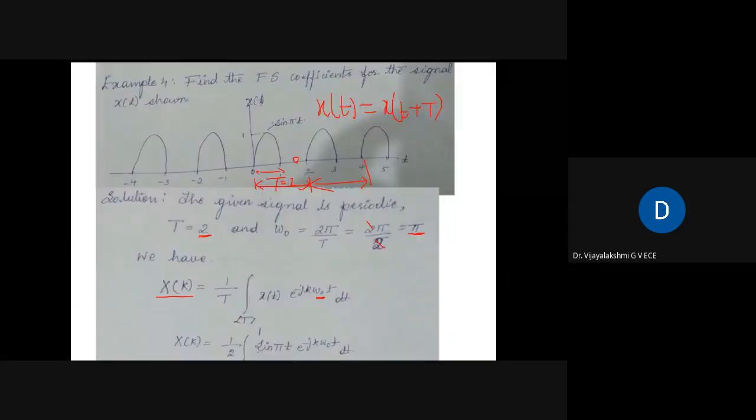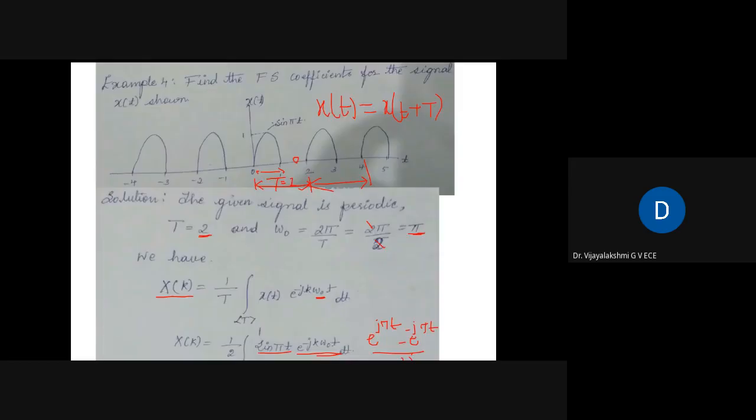So we have replaced sin pi t as e raised to j pi t minus e raised to minus j pi t divided by 2j, and this is multiplied with this exponential term. You can see in the next step I have skipped this step. After substituting, the 2j is taken outside, so that's how it becomes 1 over 4j.